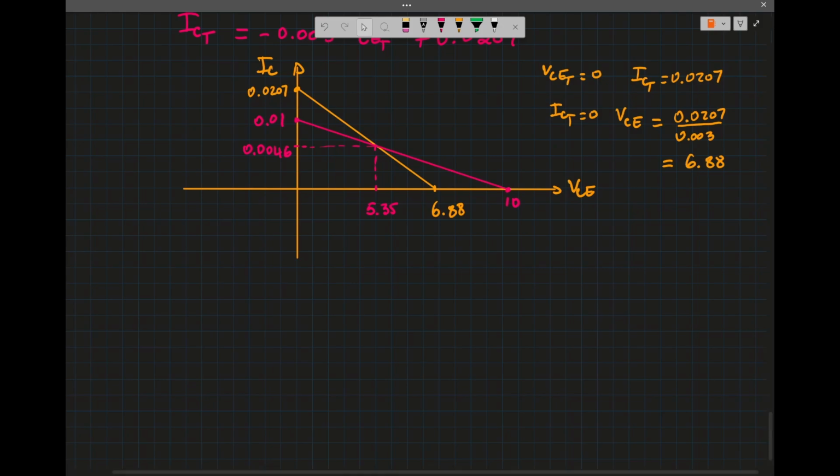Now the third question was to find the voltage gain. So let us find the voltage gain.